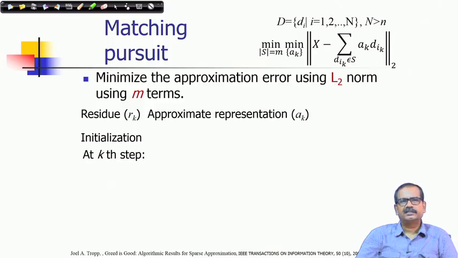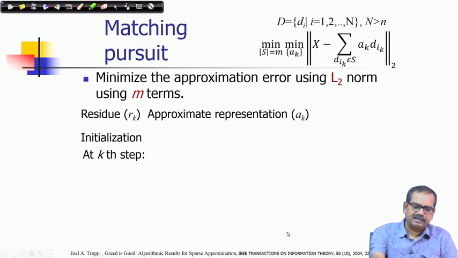It minimizes the approximation error using the L2 norm, using m terms. That is the objective. Since it is an iterative process, at the kth iteration you have the residue representation R k and the approximate representation of the data or signal as A k.